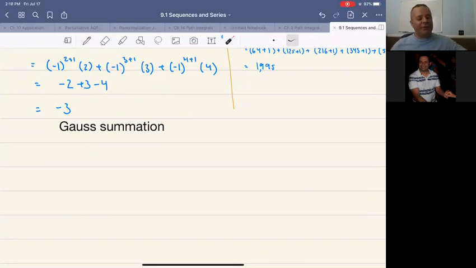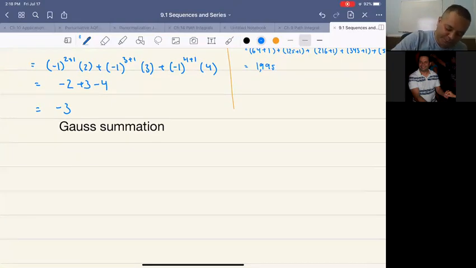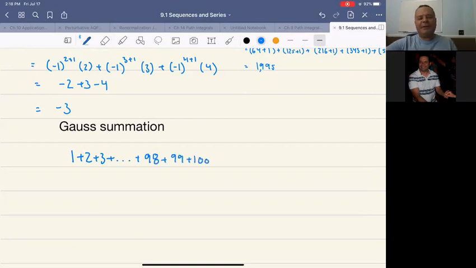This is a little bit of mathematics lore, a little bit of mathematics history. As a child, Carl Gauss, who was a genius, we all feel inadequate next to him, was told to sum the numbers 1 to 100. This was sort of a punishment that the teacher gave either him or the class, because they were being a pain.